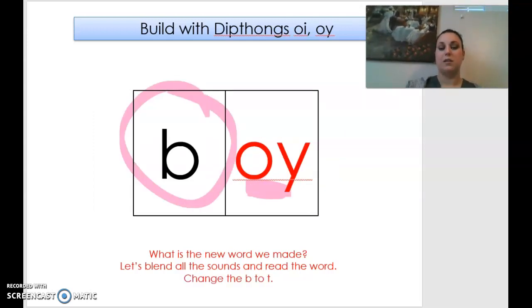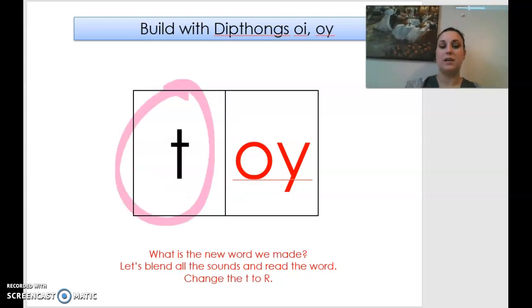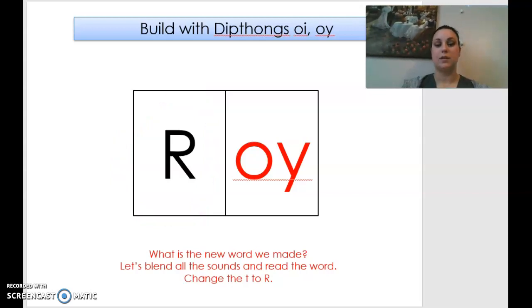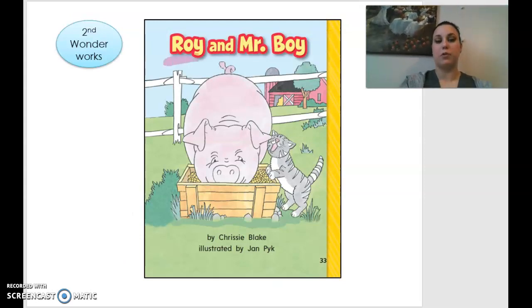Change B to T. Think. Say. Toy. Change T to R. Think. Say. Roy.